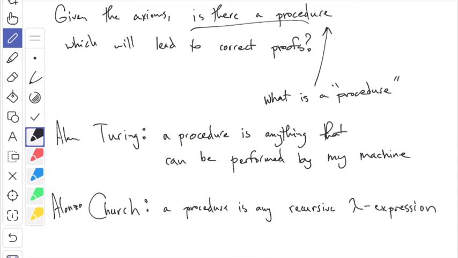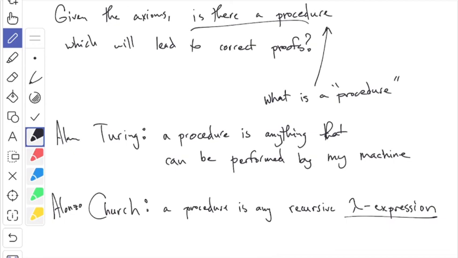Church defined a sort of small family of very, very simple mathematical functions. And then he said, if you allow me these functions, I can turn those simple functions into any computation by recombining these very simple things, which he called lambda expressions.